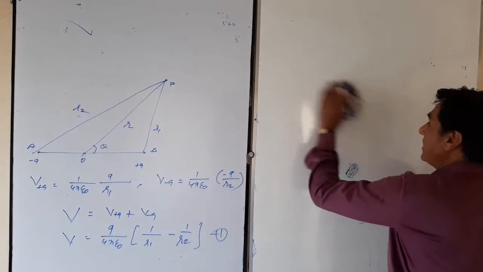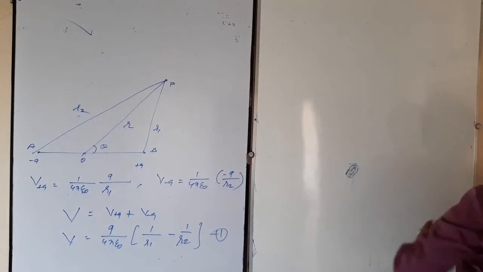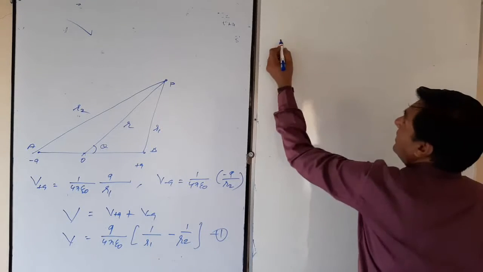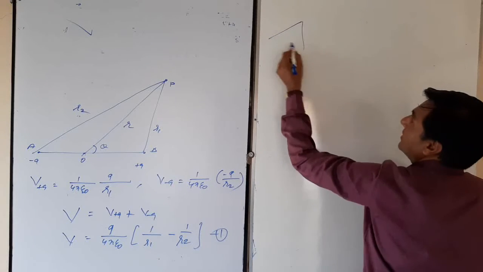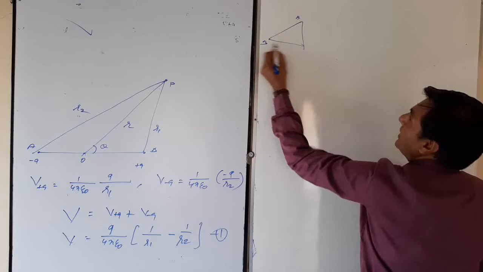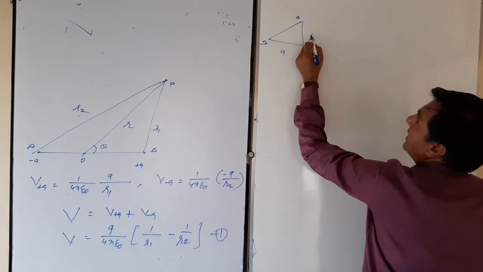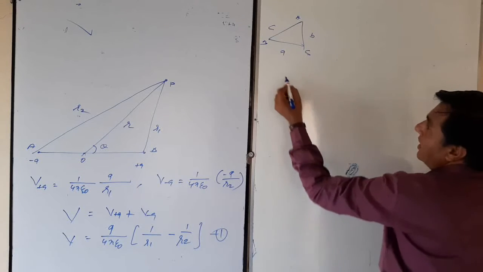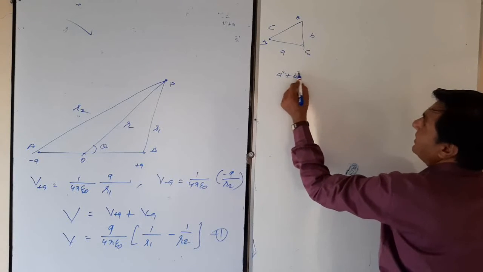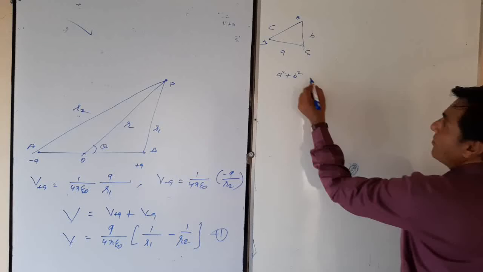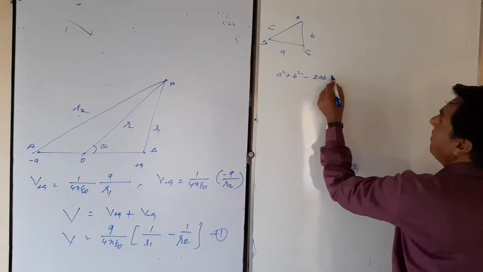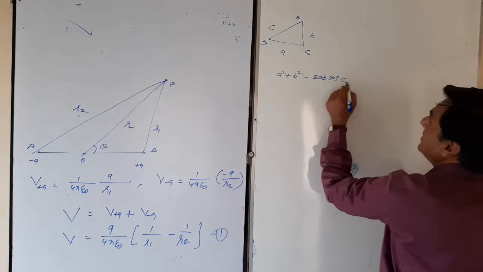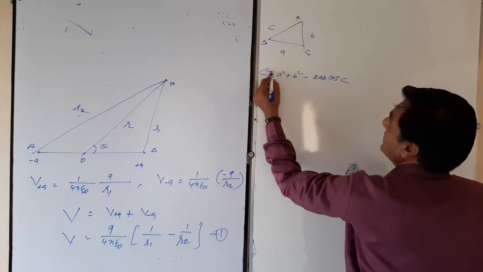So let us try. Do you know the cosine formula? In geometry, suppose it is triangle ABC, with side a, side b, side c. A square plus B square minus 2AB cos C is equal to C square.